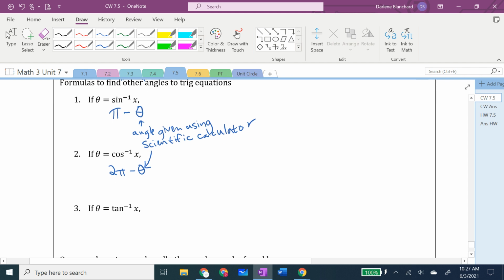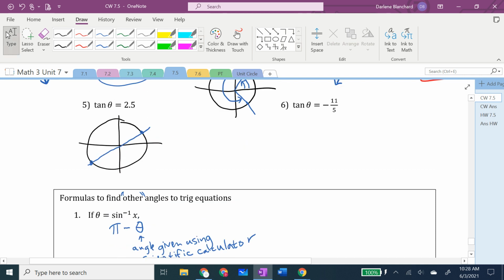For tangent, it is flat out going to be every single time that angle plus pi. And this inverse tangent formula is one that we actually knew before this point, because that's how we've been finding our inverse tangents, or our tangent partner pairs.